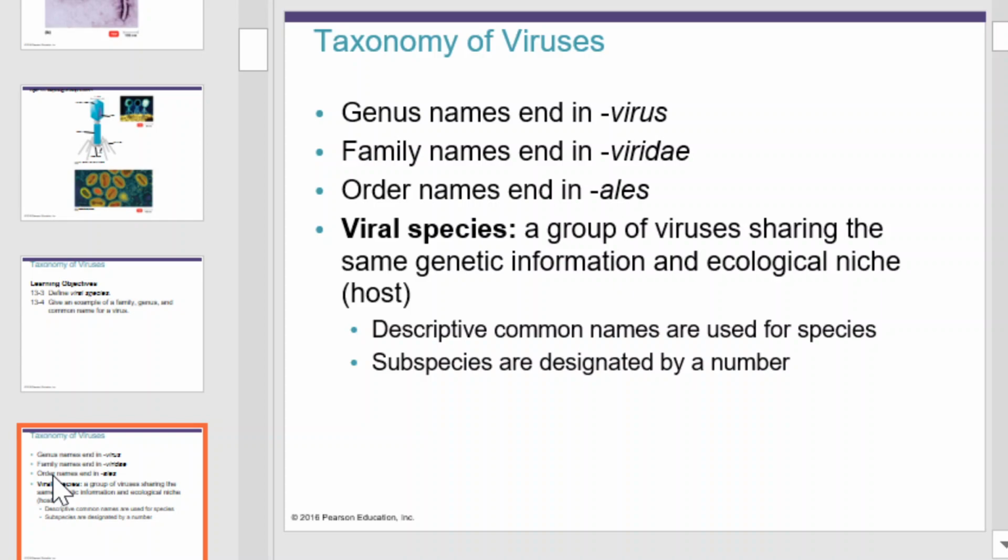Descriptive common names are used for species, and some species are designated by number. More often than not, viruses that share the same ecological niche will create the same symptoms and other types of outward expression in the individuals that they infect.